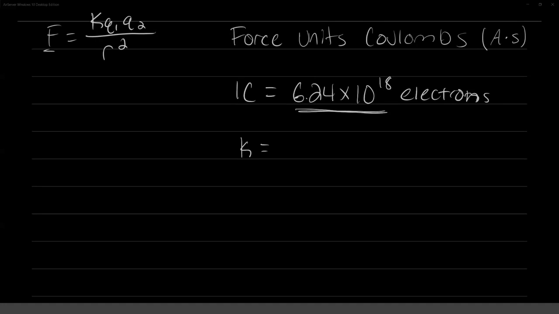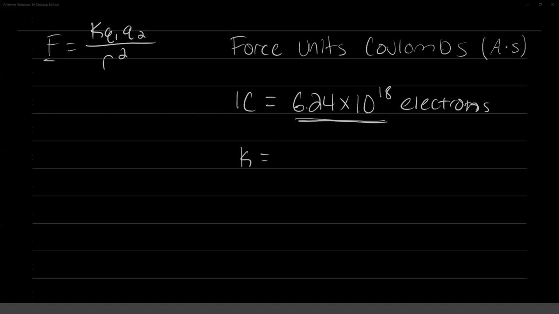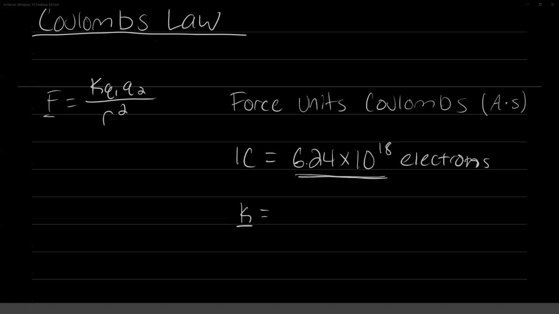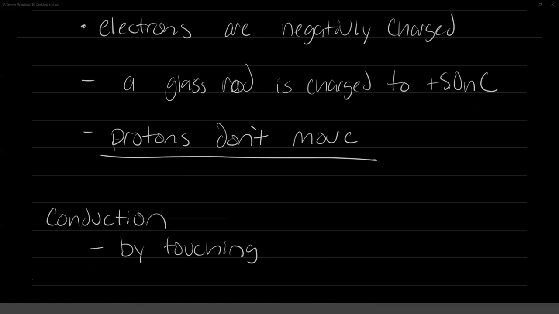Is that epsilon? We'll get there. I have it in my notes. Okay. So k, especially when you're using Coulomb's law, is a constant, and it's 9.0 times 10 to the 9th. And so that's something we're definitely going to want to have written down. I know it's probably on this sheet.